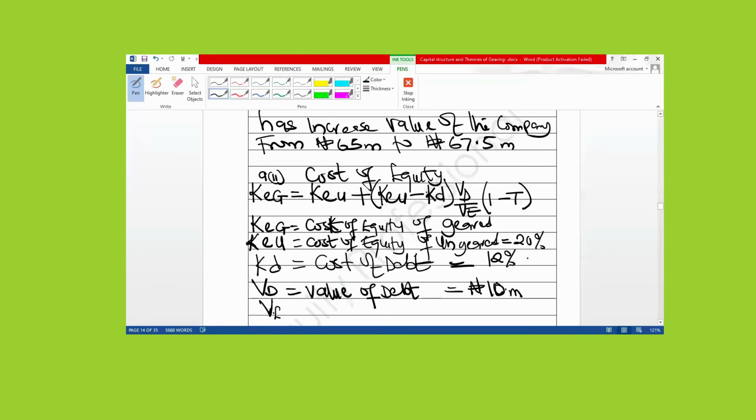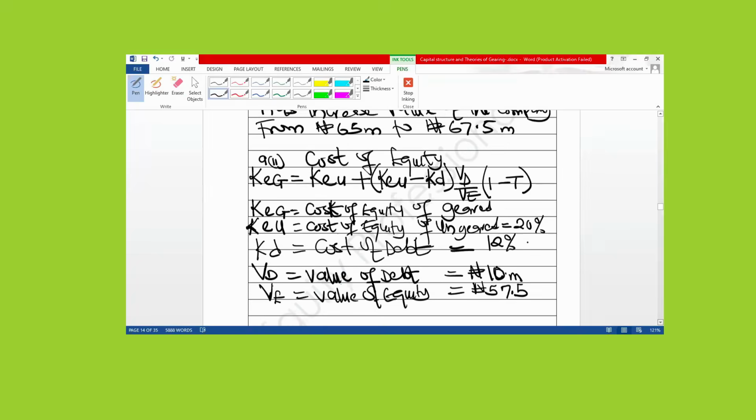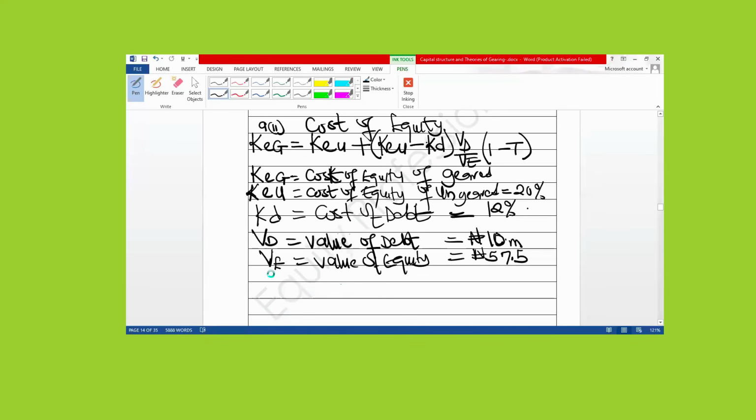VE, value of equity, 57.5 million. Your letter T. Letter T, the tax rate. 25%.